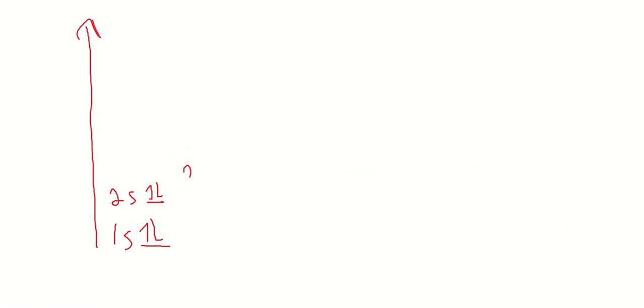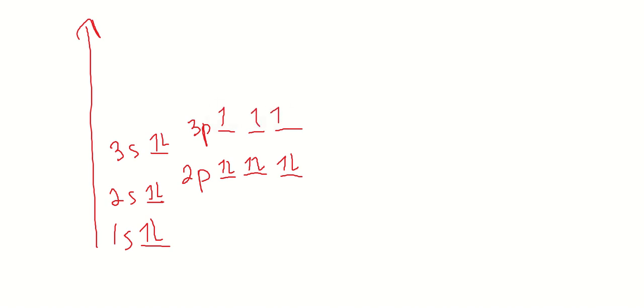And then after the 2s is the 2p, and there are 3 p orbitals at every energy level that has p orbitals. And after the 2p is a 3s, and after 3s is a 3p. Follow Hund's rule.